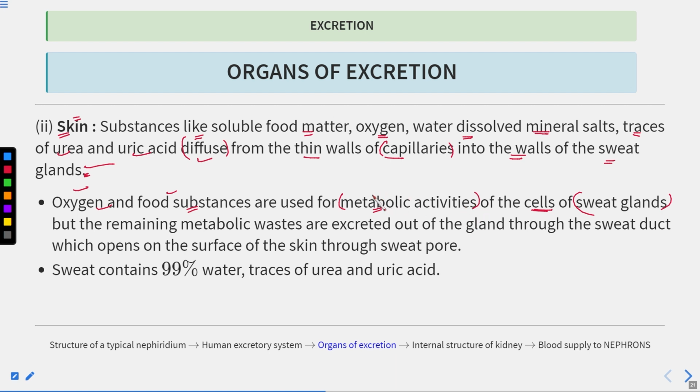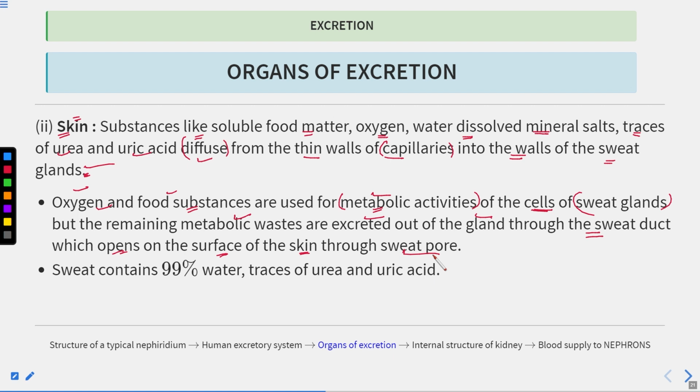All right, and what happens if there is some metabolic process going on? Then waste product will be produced. So the metabolic waste that is produced is excreted out of the sweat gland through the sweat duct. And this sweat duct opens on the surface of the skin through the sweat pore. What does this mean?